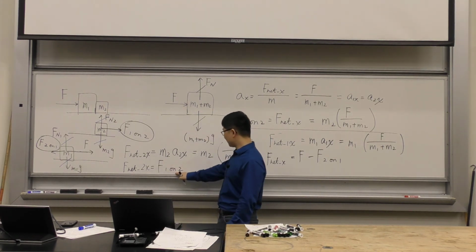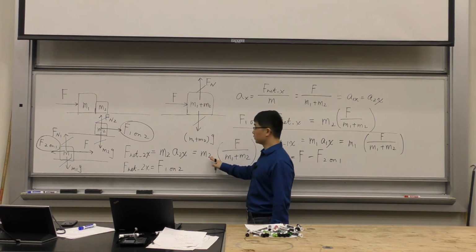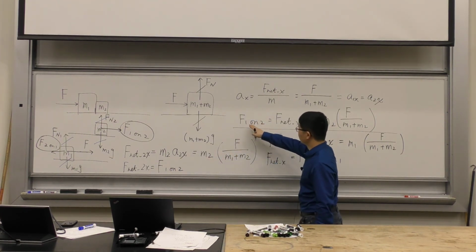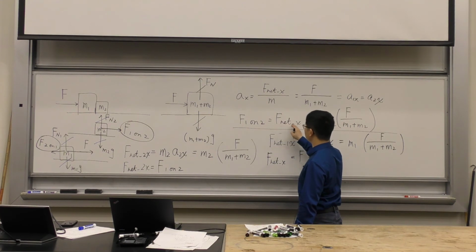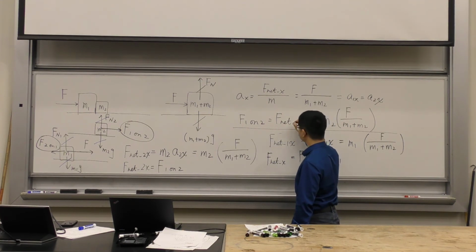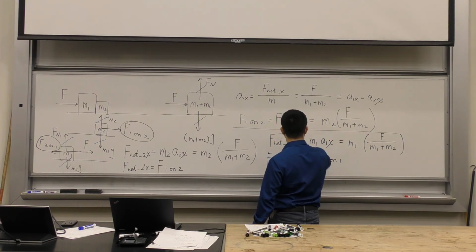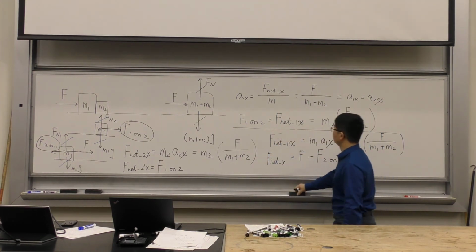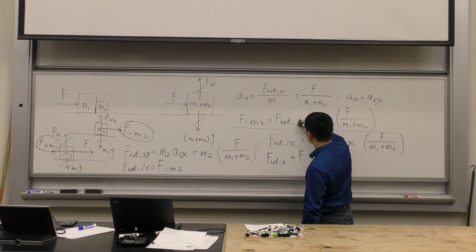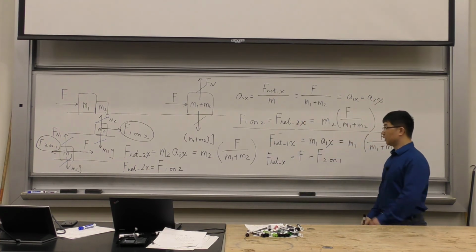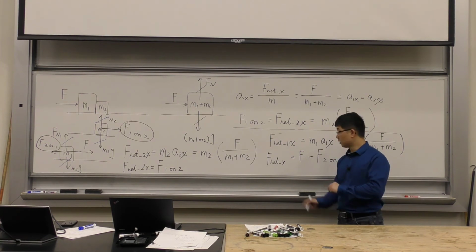So that is just going to be equal to the net force. That's why I can just write F1 on 2 equals the net force on M2 in X direction. So it's going to be equal to this value I found. And this part, they are not equal.